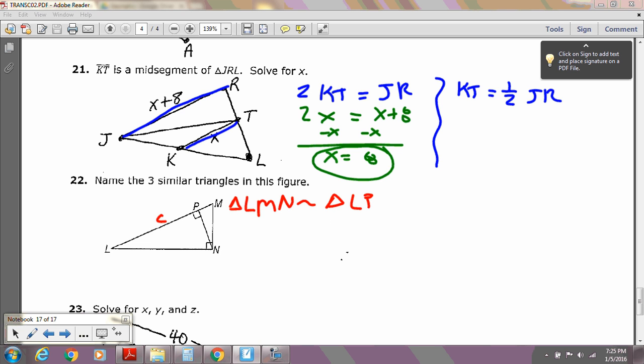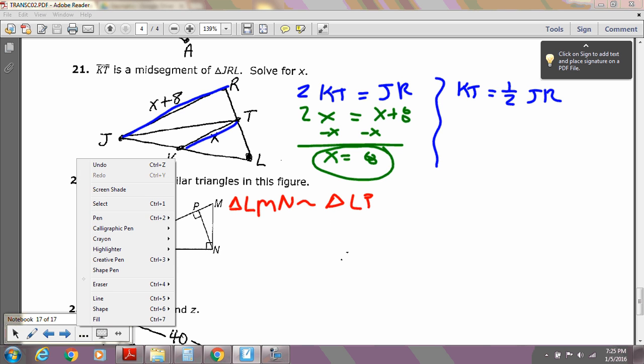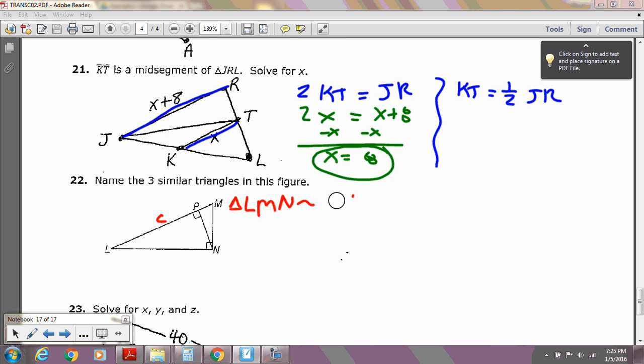Sorry, rewind. I did not write it the way I wanted to in the first one. Where's my eraser? Alright, so on the big triangle again, I started at L, traveled down the longer leg to get to the right angle, which is N.